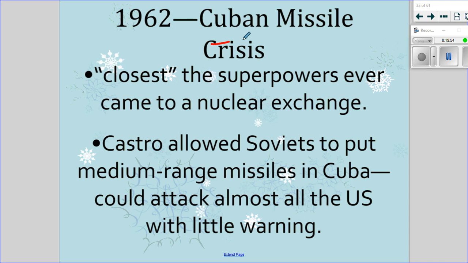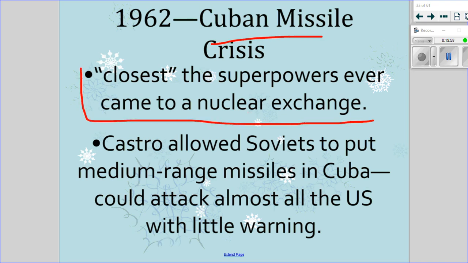The Cuban Missile Crisis, as I've mentioned, is the closest the superpowers ever come to a nuclear exchange, as in nuking each other. Castro allows Soviets to put medium-range missiles in Cuba, which means that the Soviets can launch an attack on the United States with practically no warning.